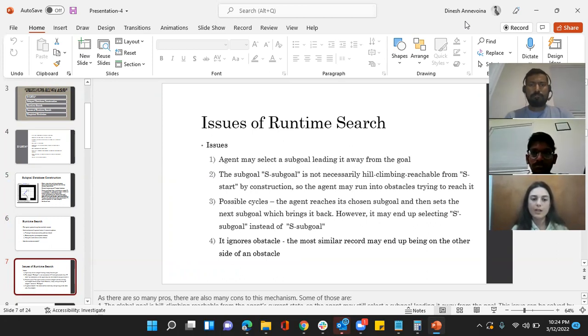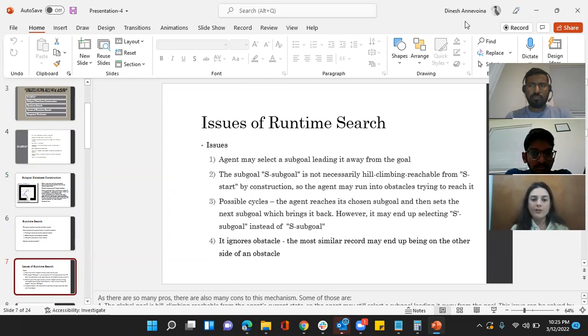The second is that the subgoal S subgoal is not necessarily hill-climbing reachable from S start by construction, and as a result, the agent might run into obstacles while trying to reach it. Then the third issue is connected with the appearance of possible cycles. To explain this better, the agent reaches its chosen subgoal and then sets the next subgoal, which brings it back.